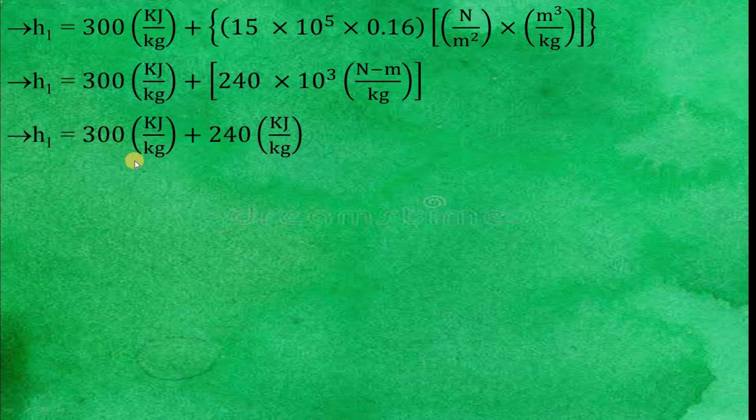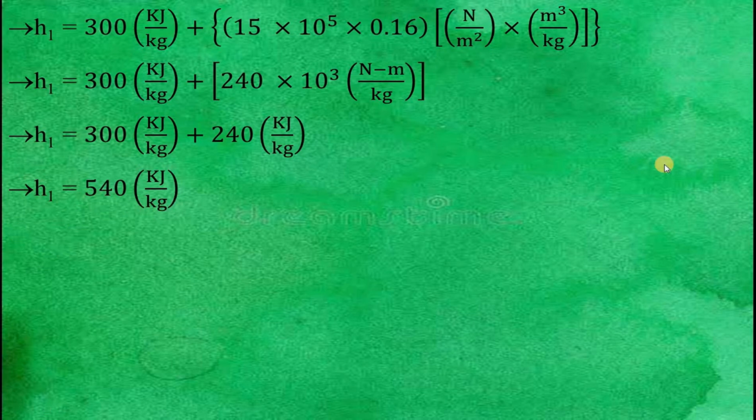Here 300 kilojoule per kg plus 240 kilojoule per kg is 540 kilojoule per kg. So the next step will be H1 is equal to 540 kilojoule per kg, which means the value of initial enthalpy of the steam is 540 kilojoule per kg. So we have found the first missing value in the work output formula.